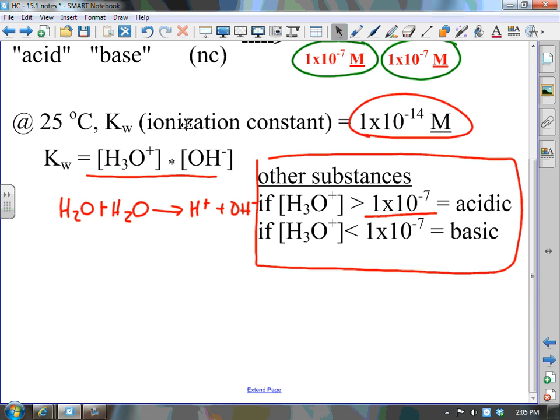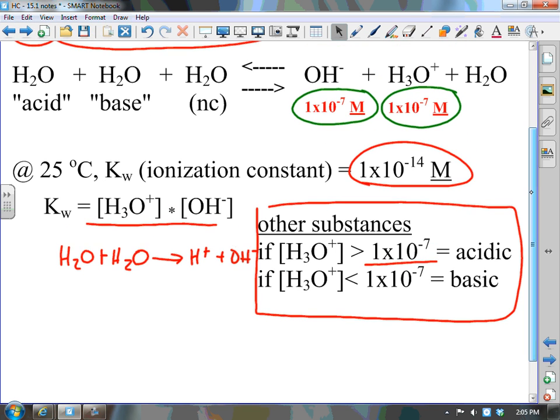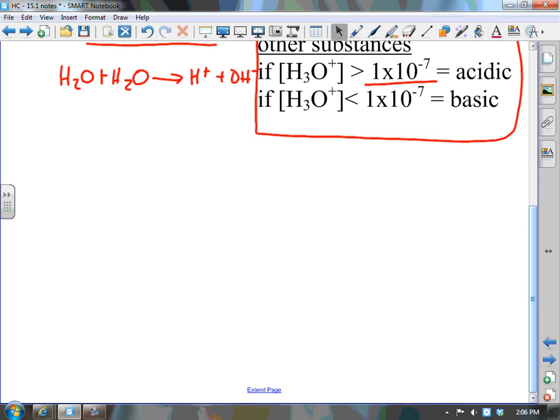Again, it goes back up to these 2 numbers right here. If a chemical has more than or less than either one of those numbers, that's how we classify it as an acid or a base. We'll get into the actual calculations in a little bit, but this is important. Water does change like this. Not very much, but it does.